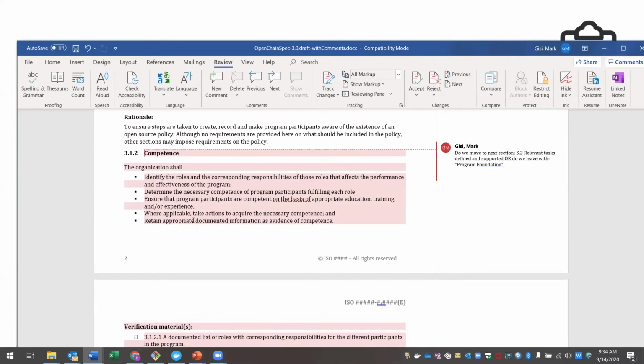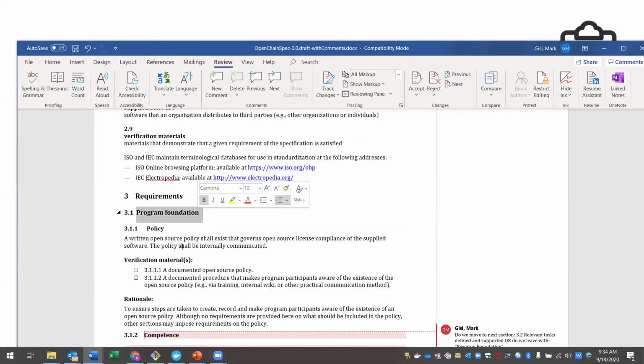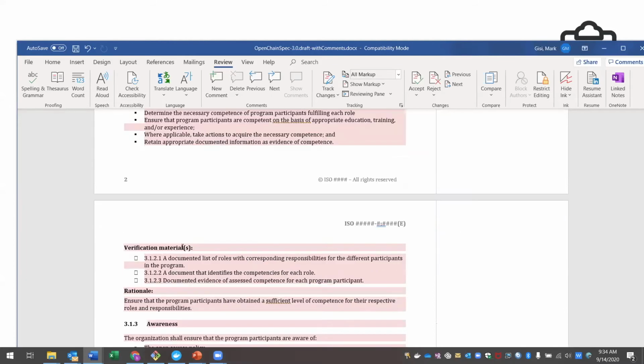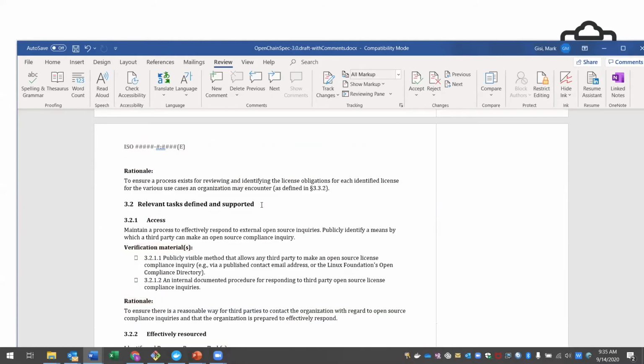And the reason why is because, again, in another ISO standard, 9001, they are together. Whether we keep them in the foundational section, this one, or we move it to relevant tasks defined and supported, is to be discussed further.